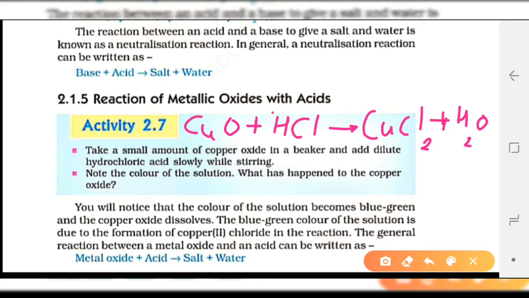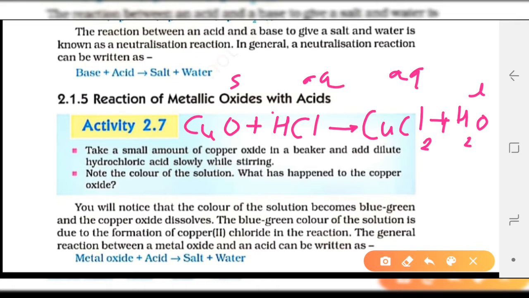Here you can write H2O as liquid. CuCl2 is aqueous. Copper oxide is solid and hydrochloric acid is also aqueous.